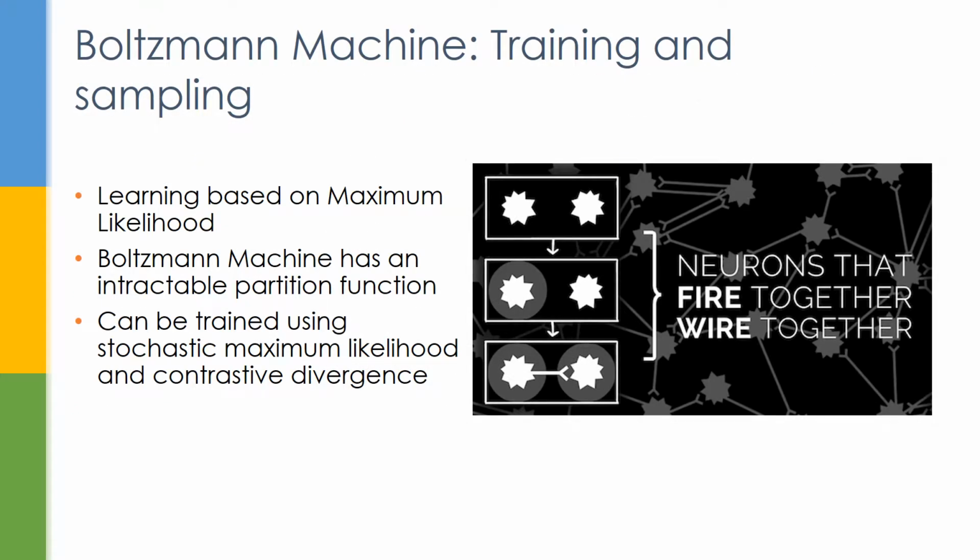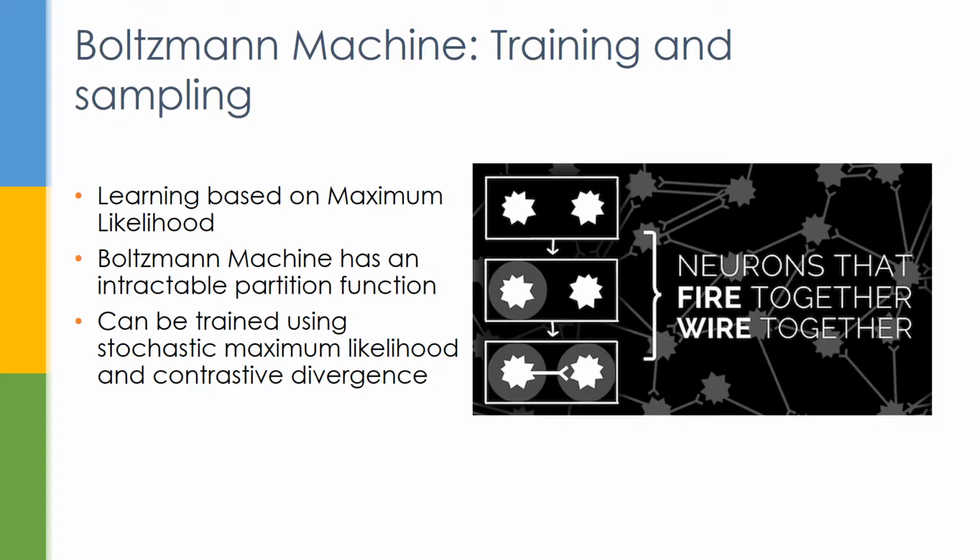The Boltzmann machine parameters, namely the weight matrices R, W and S, can be learned by maximizing the log likelihood of the training data. However, the problem with Boltzmann machines is that they have an intractable partition function. Although it can be trained using methods like stochastic maximum likelihood and contrastive divergence, these algorithms require sampling.